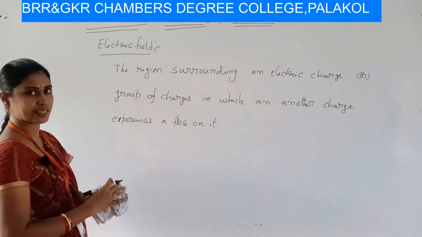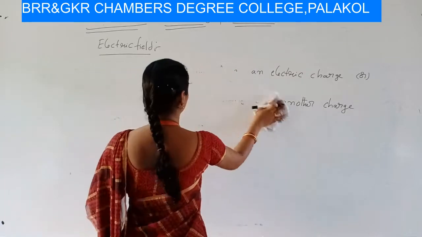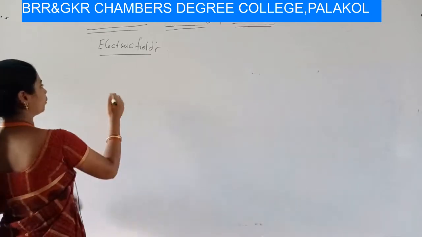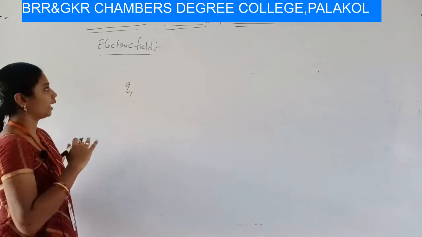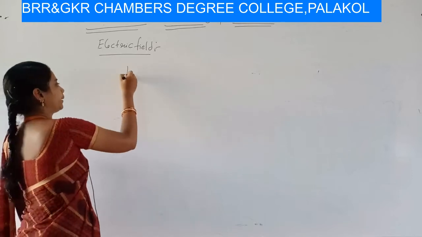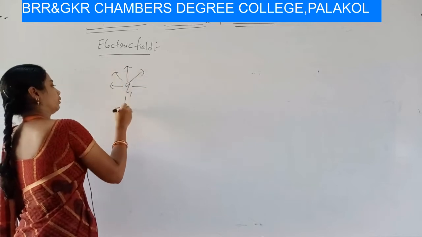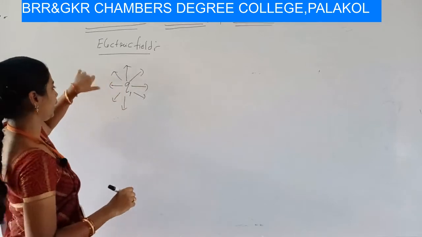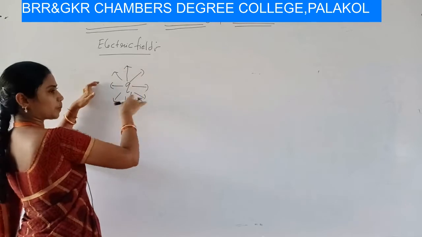For understanding this, we consider a charge treated as Q1, placed here, then it experiences its force in space itself. Here this charge Q1 experiences its own force in space itself.